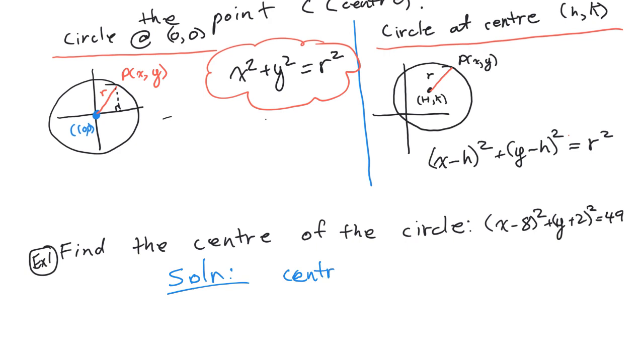The center is opposite to what you see inside this bracket here. Okay, so the center is going to be the point 8, -2. The radius is equal to the square root of 49, which is equal to 7. Okay?